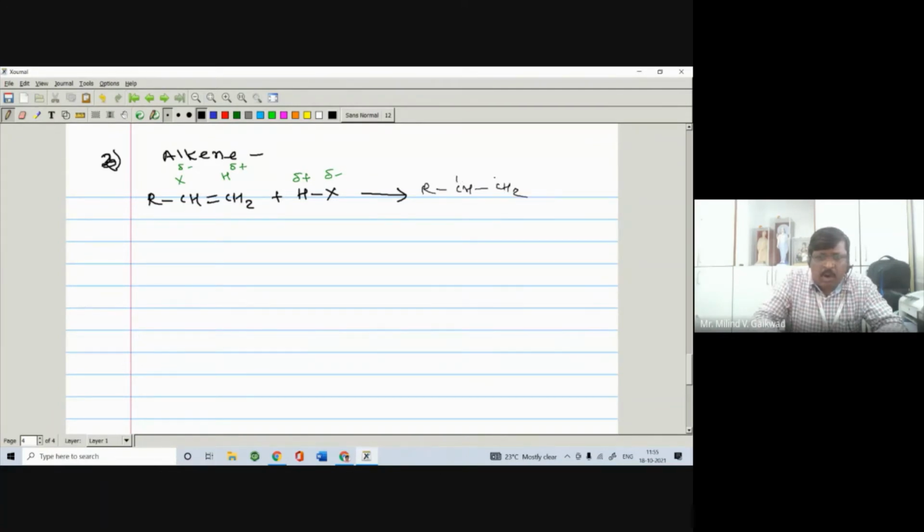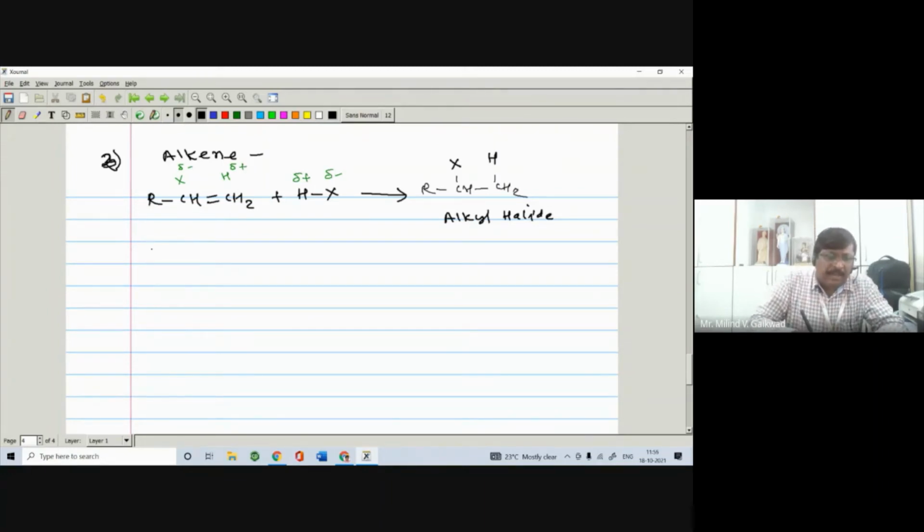So addition of X takes place on this carbon, and addition of H takes place on the other, and you are getting the corresponding alkyl halide, right? So this is your compound, the formation of alkyl halide.